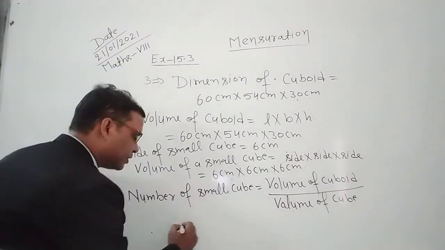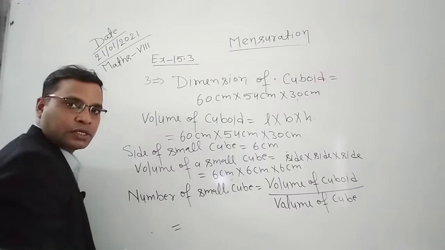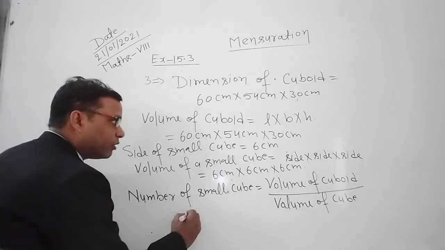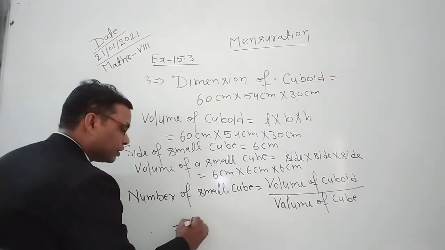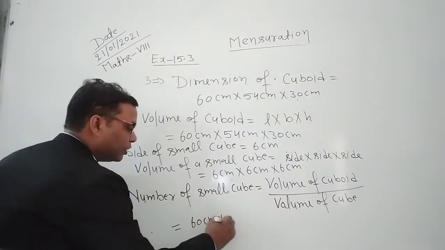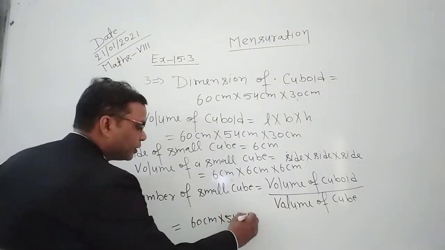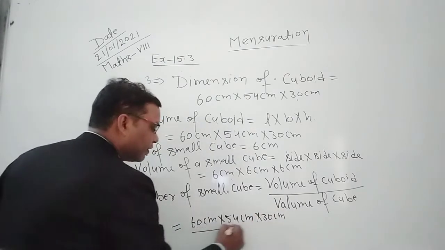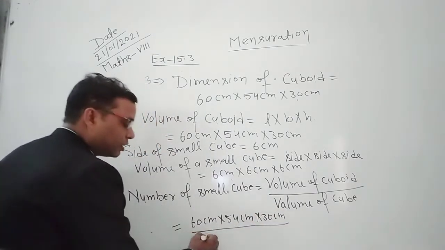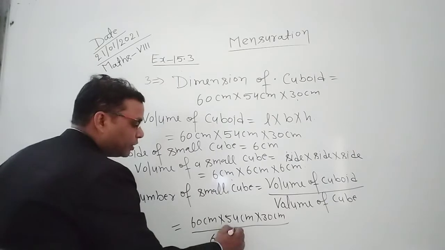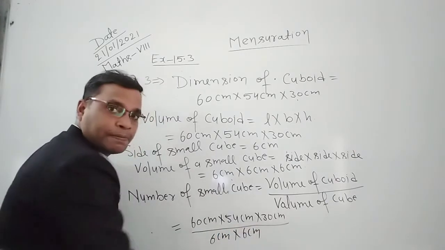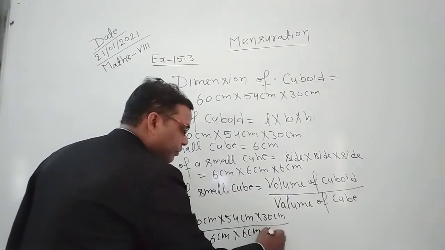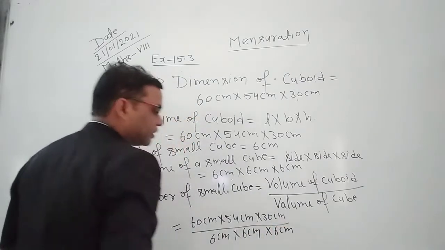So here you can see the number is equal to 60 centimeter into 54 centimeter into 30 centimeter divided by 6 centimeter into 6 centimeter into 6 centimeter.